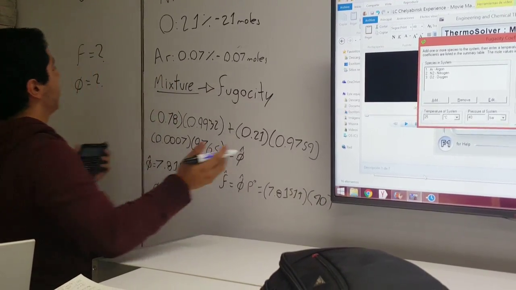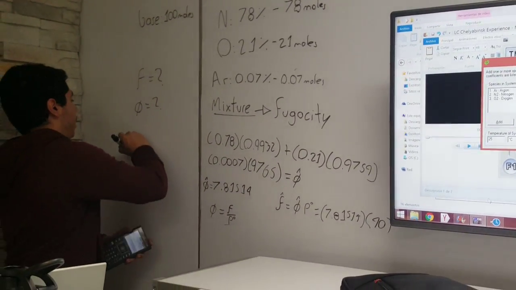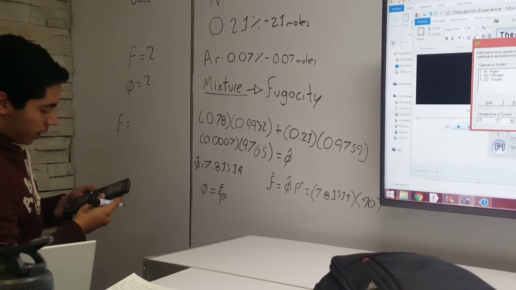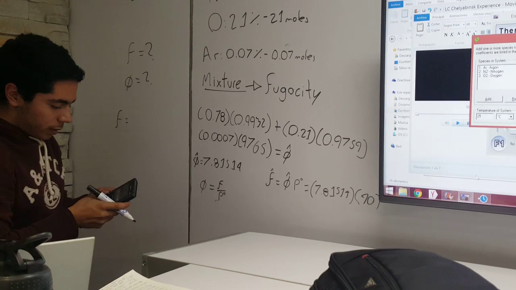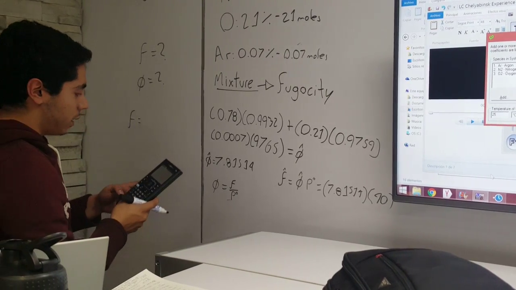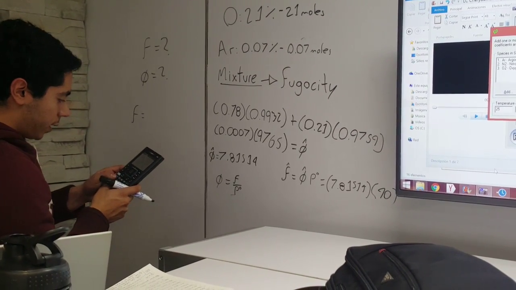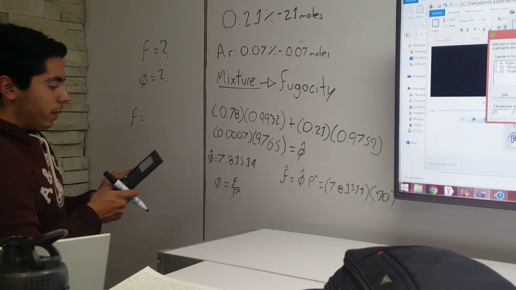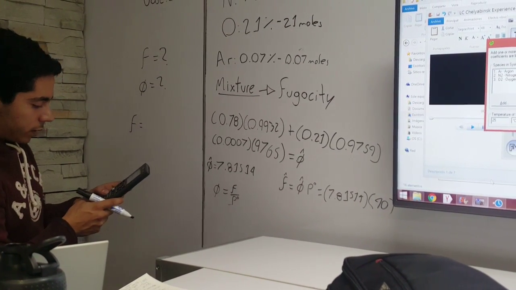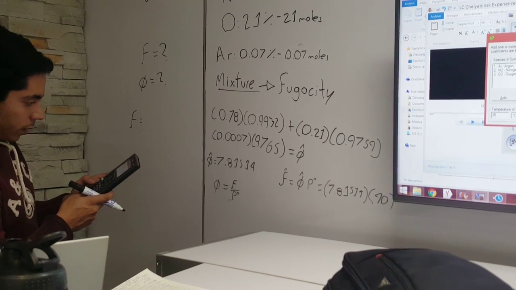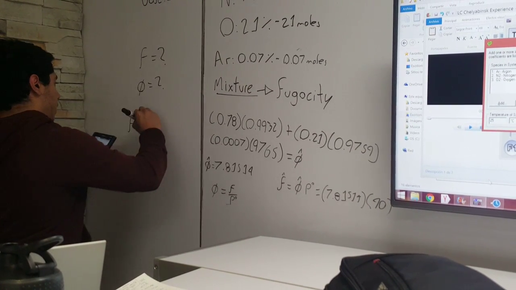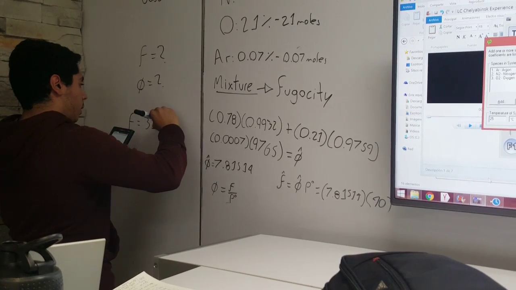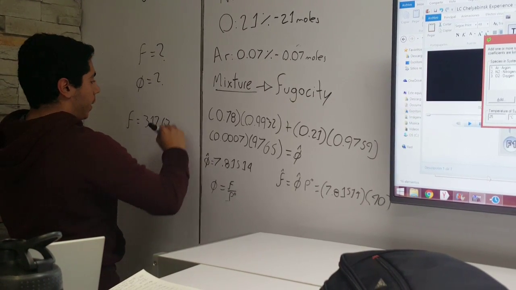I'm sorry, I'm running out of space, so I'm going to put it here. Our total fugacity will be, wait a second, please, 0.981514 multiplied by 40, which equals 39.26 bars.